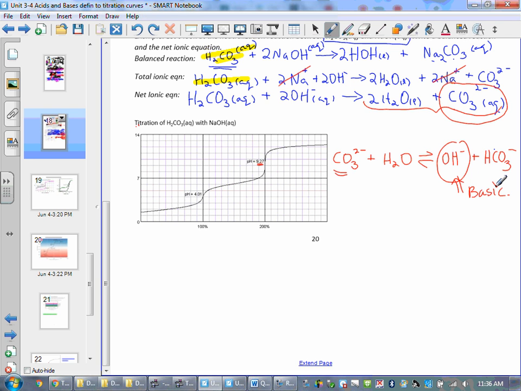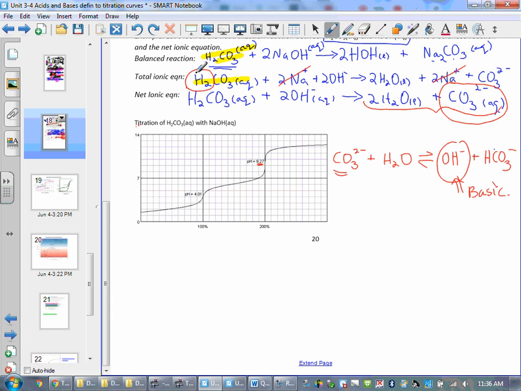So remember last class we talked about polyprotic acids and bases? What does that mean? I don't remember. Yeah, more than one proton that can react with water. So carbonic acid, how many protons does it have to react with a base? It's got 2.